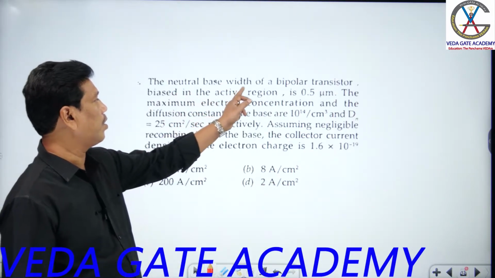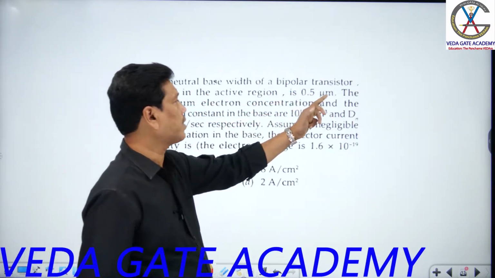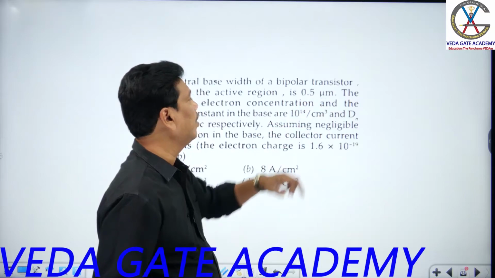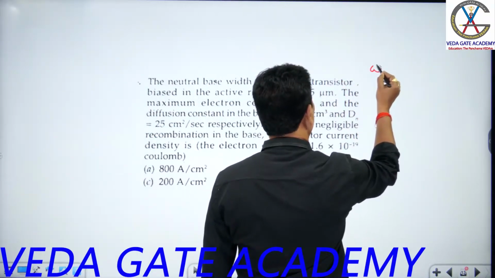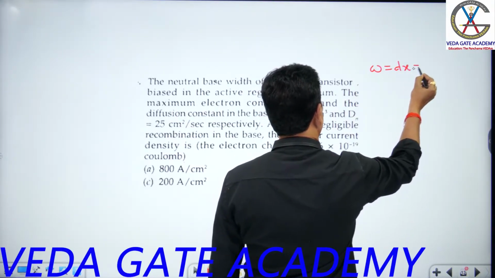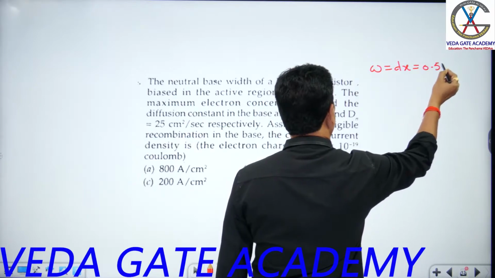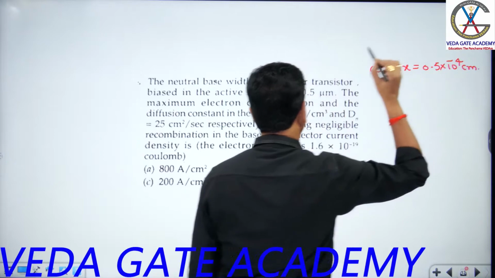See this one now. The neutral base width of a BJT biased in active region is 0.5 micrometer, students. W I can call as dx, 0.5 micrometer, that is 0.5 into 10 power minus 4 centimeter.